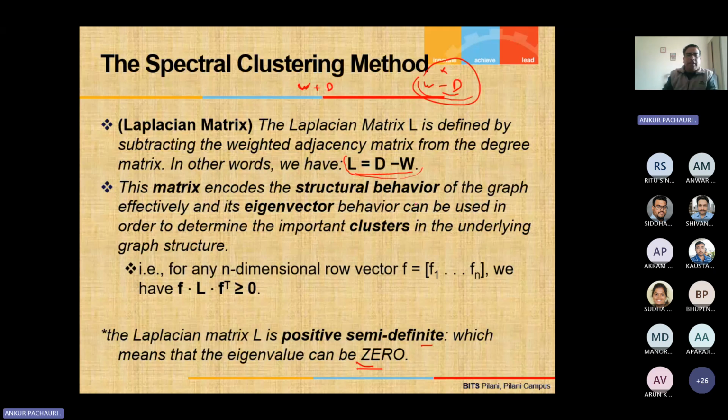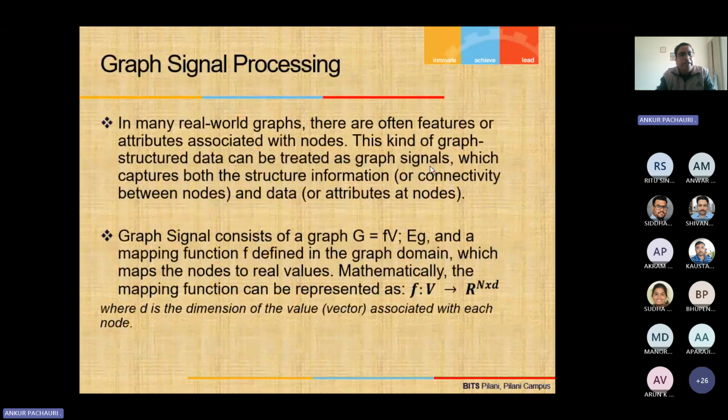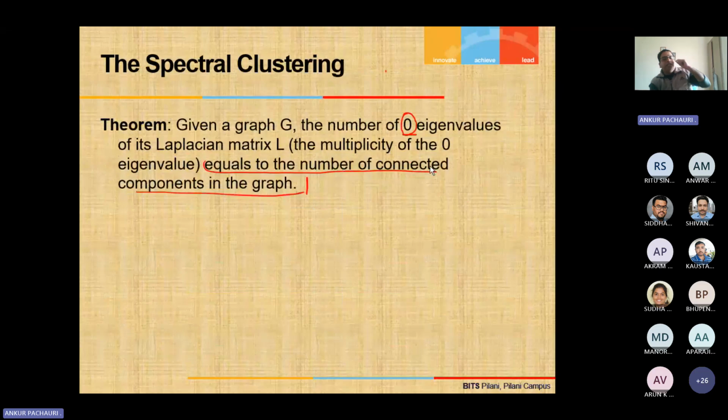Now in this matrix, when I'm subtracting, one effect can be negated by the other. This might be just my intuition, but it might be a reason: the degree and weight, one can be added and one subtracted from the other, because mostly weights and degrees are correlated to each other.